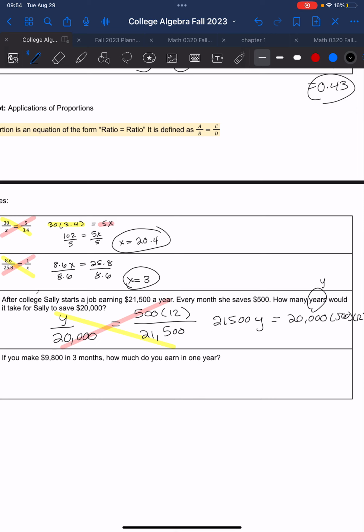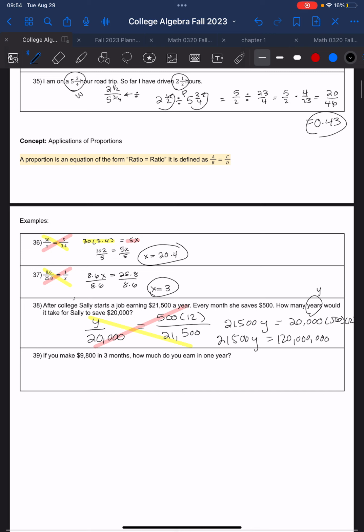That gives us 120 million. So 21,500Y is equal to 120 million. I'm going to divide both sides by that 21,500. And I get Y is equal to approximately 5,581 years. Let me make sure I set that up right.